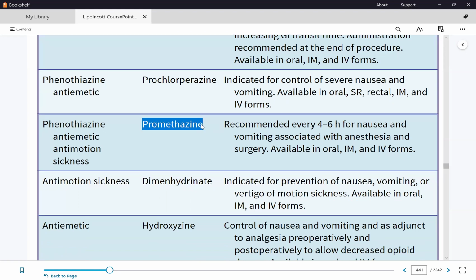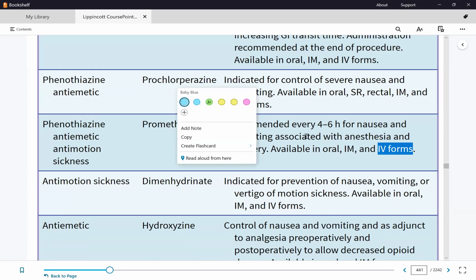Promethazine was off the market for a while because it was associated with IV complications, but I guess they've been reassessed and they're back on the market now. So Phenergan or promethazine is back now and it's still available for IV or IM injection.